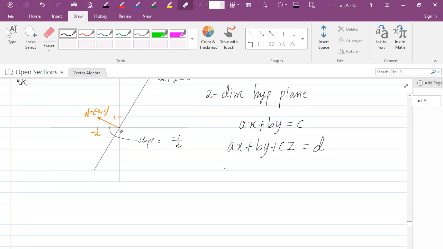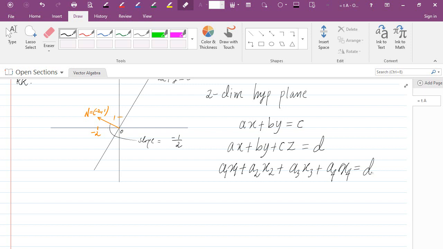And then if we go beyond, that is dimension 4, 5, and so on. So for example, a1x1 plus a2x2 plus a3x3 plus a4x4 is equal to d, then this would be a four-dimensional plane.